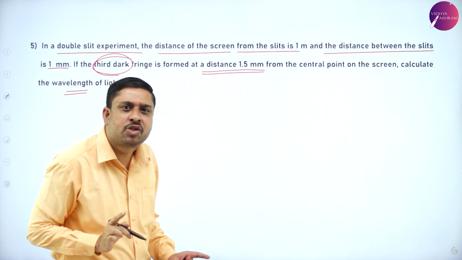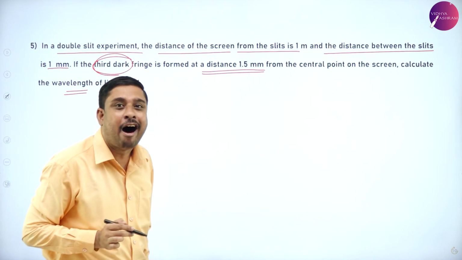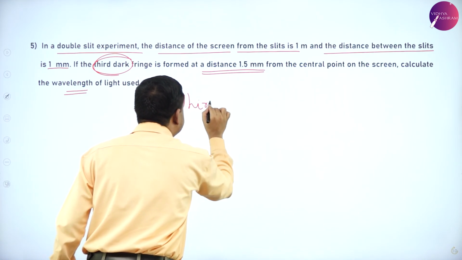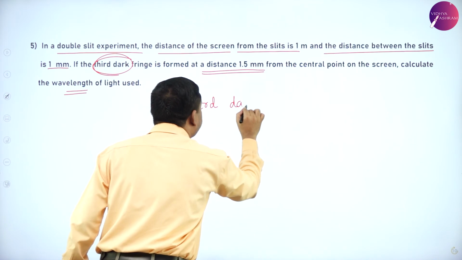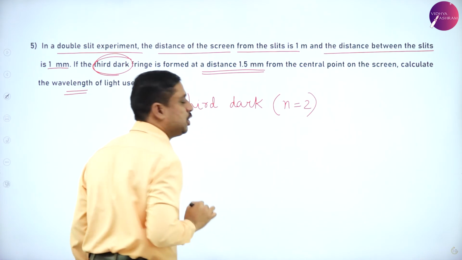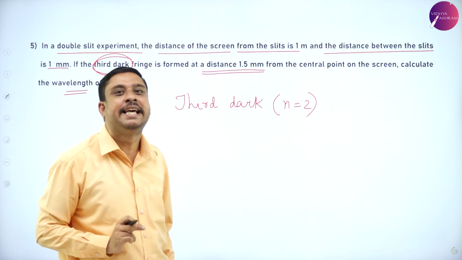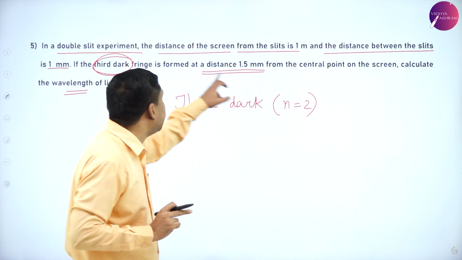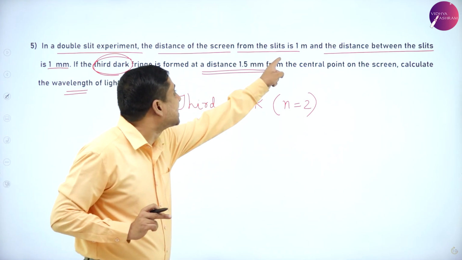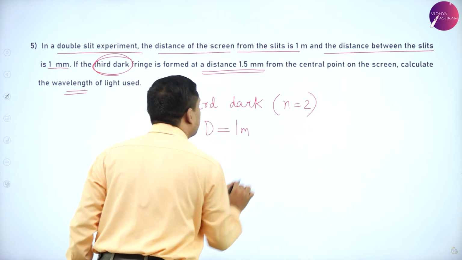Again, going back to my first problem, third dark fringe. So it is the third dark fringe, which means n is equal to 2, one less than the given third dark fringe. Distance of the screen from the slits, capital D, is 1 meter.